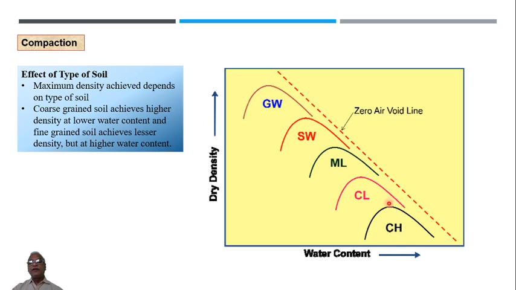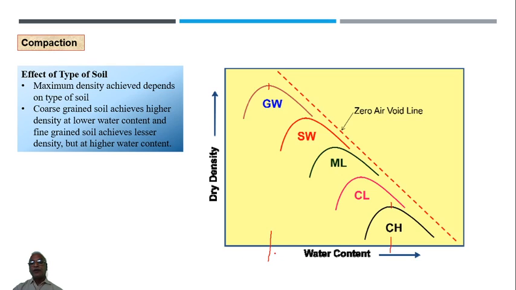Okay, now if you go to smaller and smaller particles, what has happened is that the OMC achieved is larger, because if you compare this clay and this gravel, the OMC is here, right? I'll just put a line. OMC is there for gravel, and OMC is over here for clay.